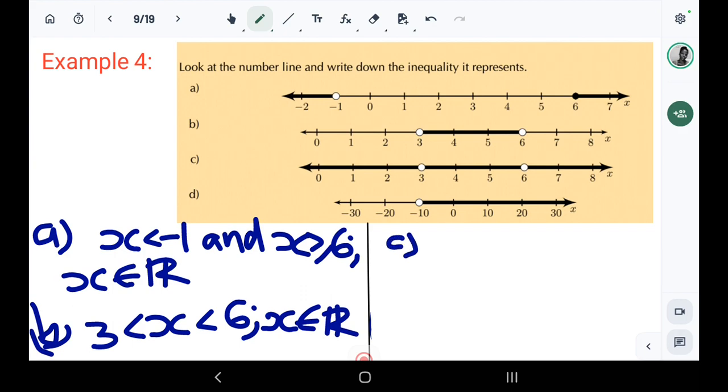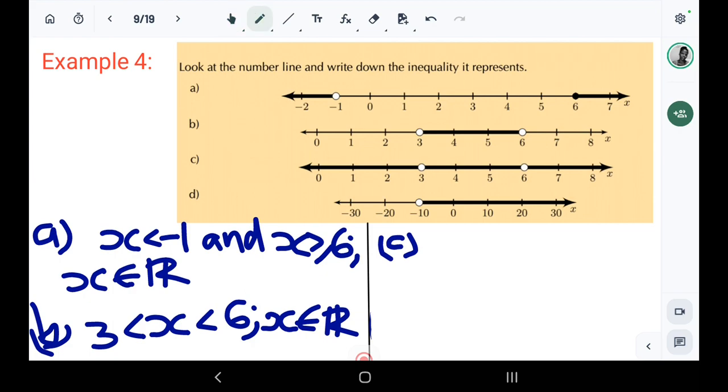Number C. You've got a hollow dot on top of 3 and another one on top of 6, but a solid line everywhere else. This means that your x is an element of real numbers, but not including 3 and 6.